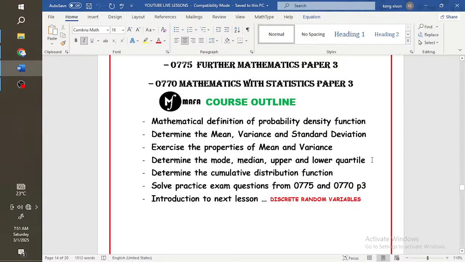Then we look at how to get a cumulative distribution function when given the probability density function, and vice versa, which means if I give you the cumulative distribution function, we'll also see how to get the probability density function. And lastly, we are going to solve some practice examination questions in further math and in maths with statistics paper 3. Then I'm going to introduce the next lesson, which is discrete random variables, and I'm going to give you a date and a time so that you don't forget.